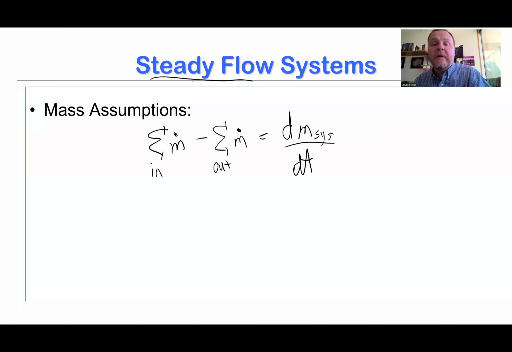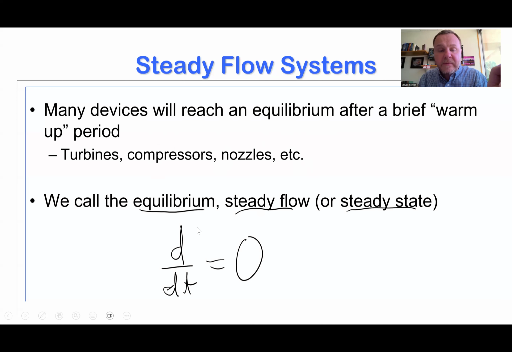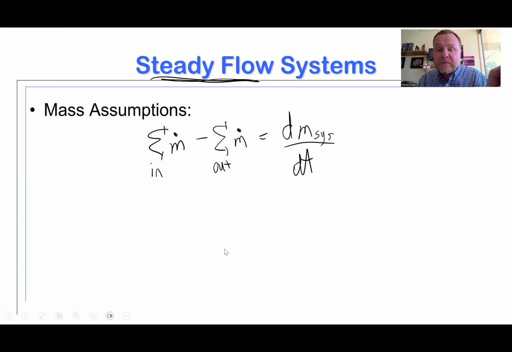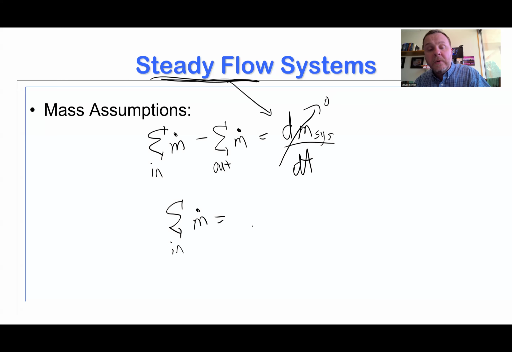Now, if I have steady flow, that means I've reached this equilibrium point, where there's no change in my system with respect to time. If it's steady flow, this differential term goes to zero. And now I've got a scenario where everywhere mass is coming in equals the sum across everywhere mass is going out. The rate of mass in is going to equal the rate of mass out.